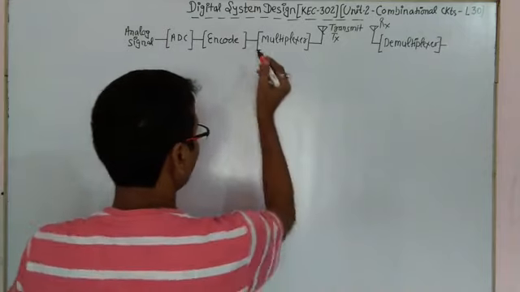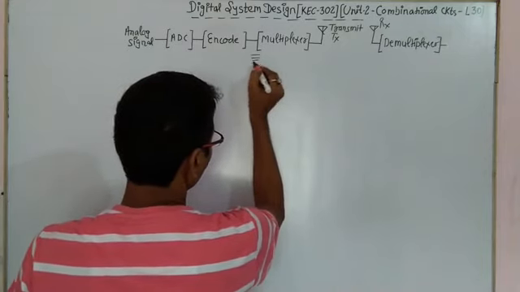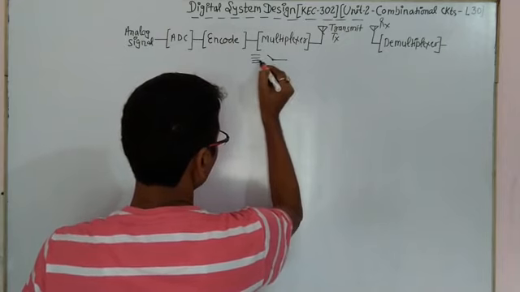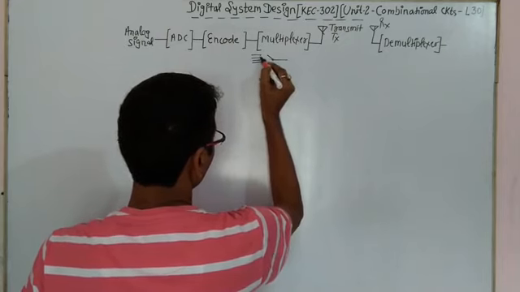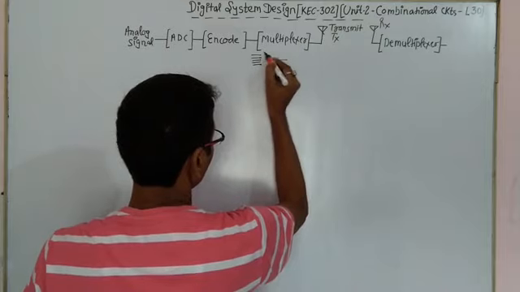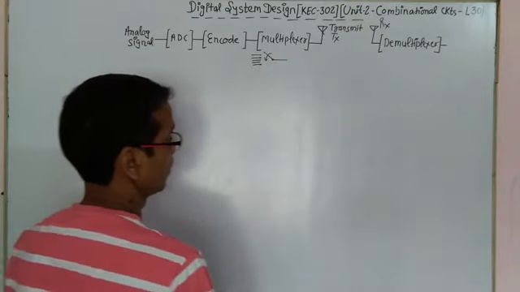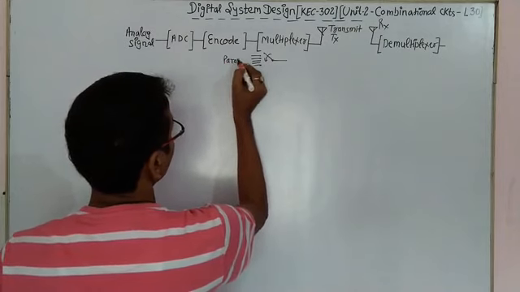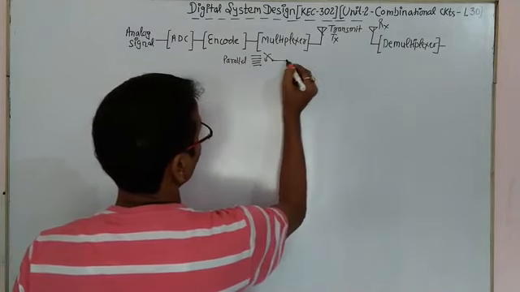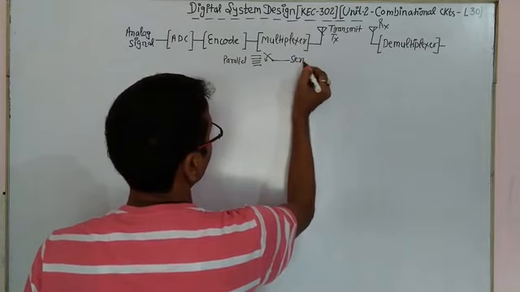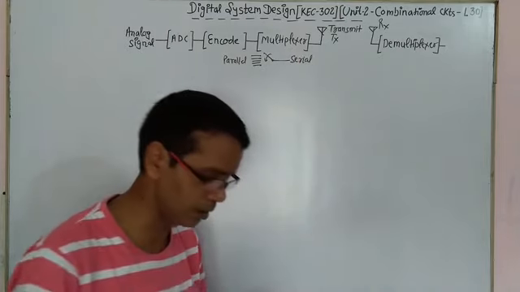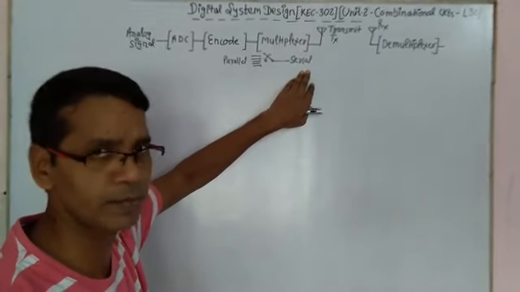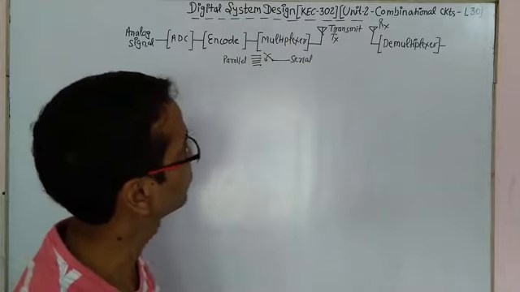Here the multiplexer is a parallel to serial converter. These are parallel inputs, and here you will get serial output. So many inputs, and you are getting a single output over a channel.